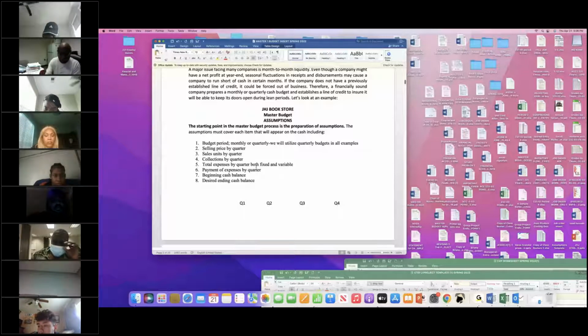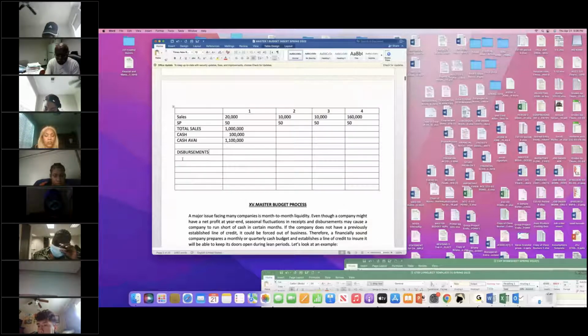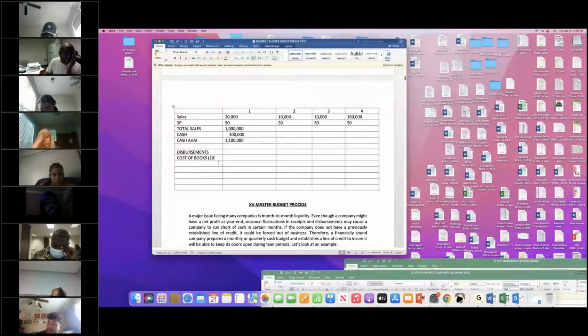So the cost of the books is going to be $20 each, correct? So our books are going to cost us 400,000. 20 times 20,000, 400,000.